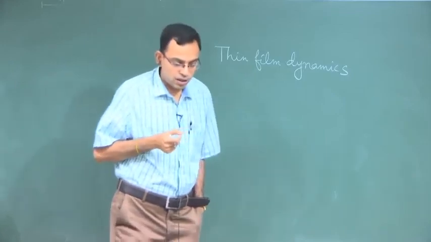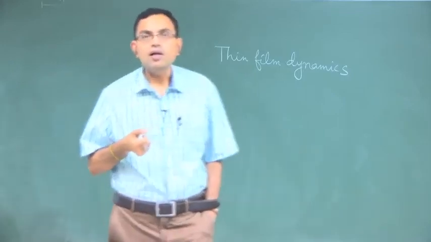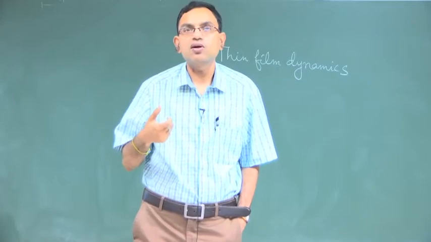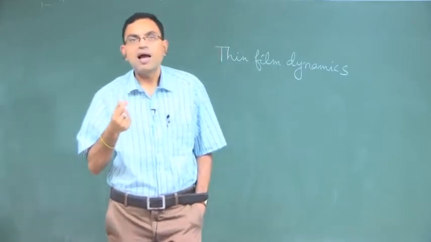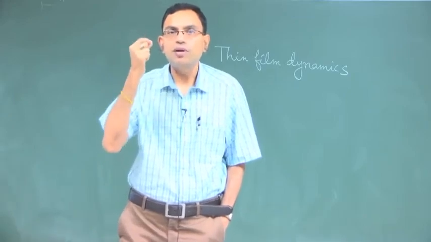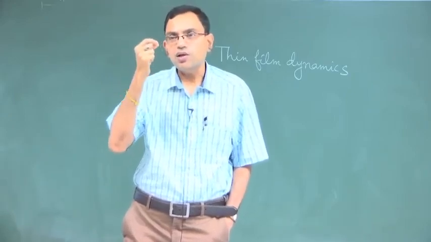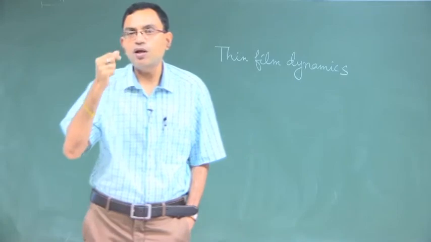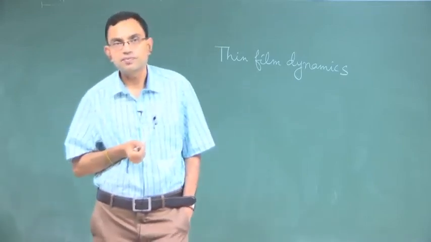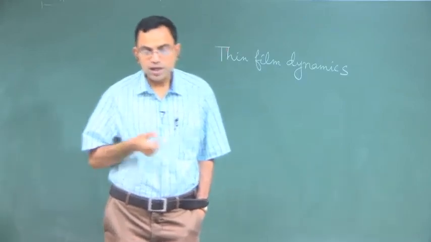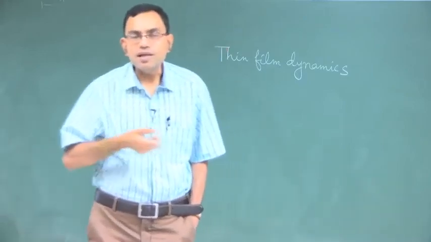For example, in microscale flows or even in nanoscale flows, sometimes you may have a thin liquid film, the thickness of which is much smaller than the characteristic geometric dimensions. There could be many such situations.